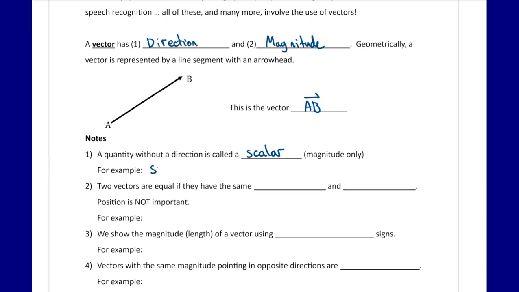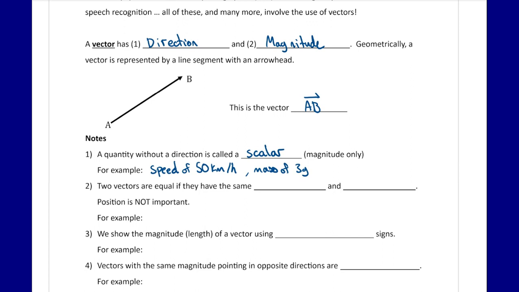So that might be something like just speed, a speed of 50 kilometers per hour. It might just be a mass of 3 grams. If there's no direction, it's considered a scalar.